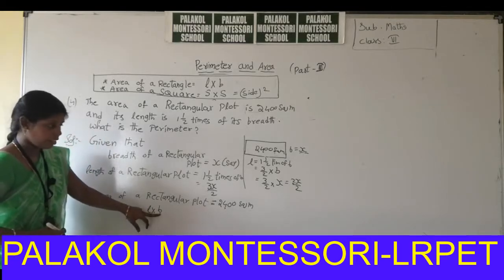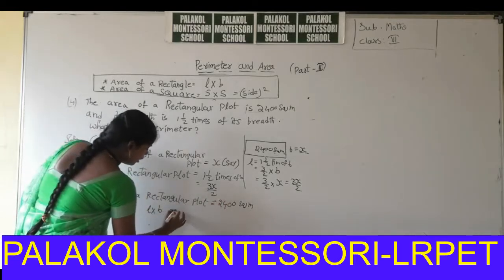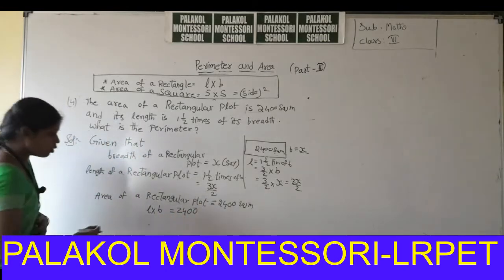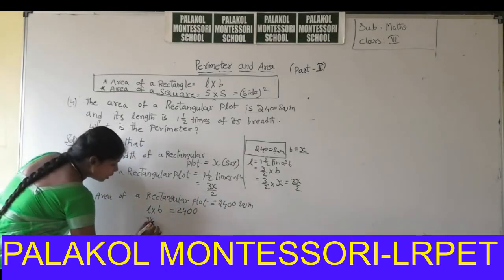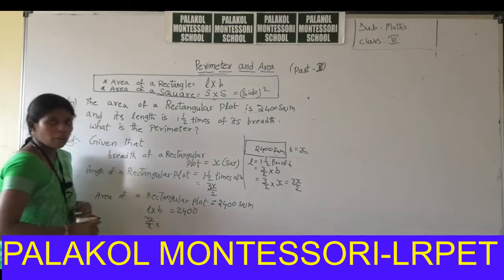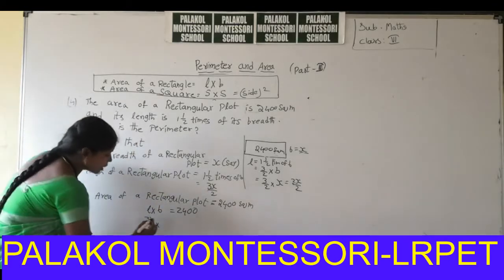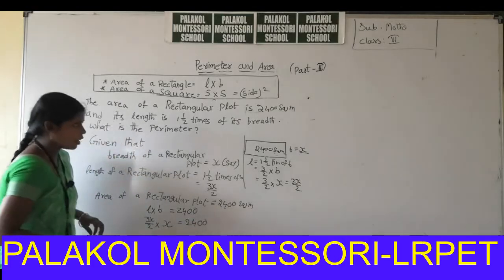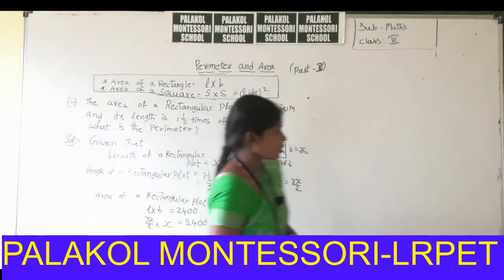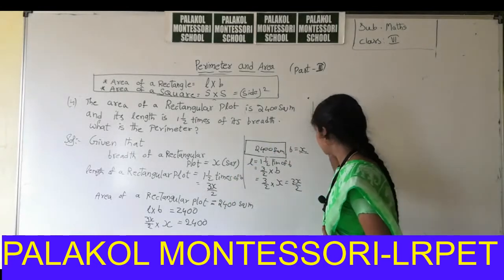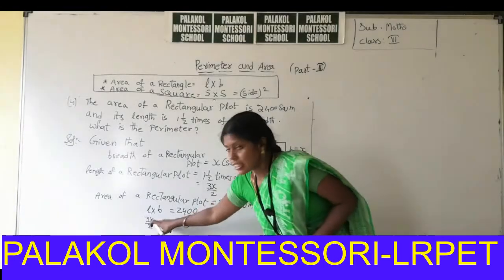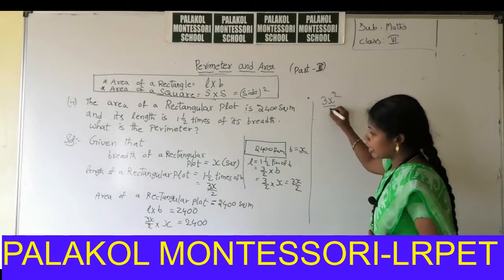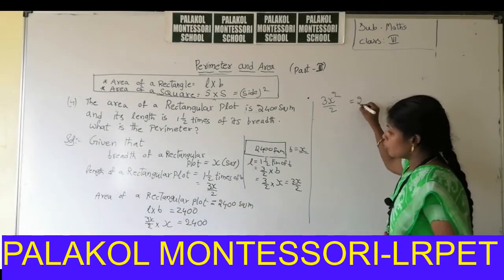So both are equal. Length is 3x by 2 into breadth x equals 2400. So 3x into x, 3x square. So 3x square by 2 is equal to 2400.